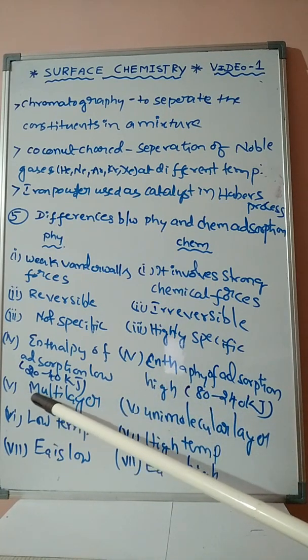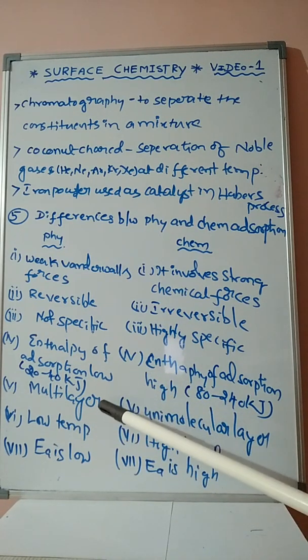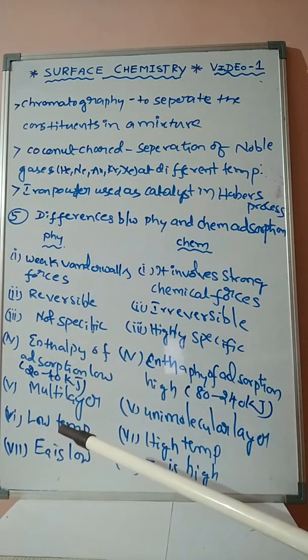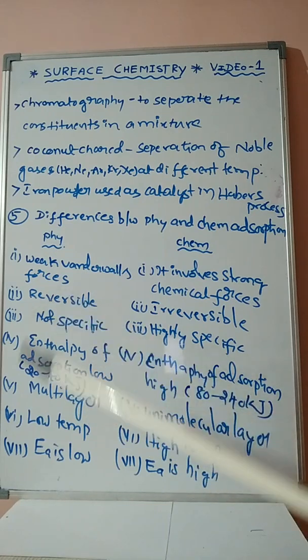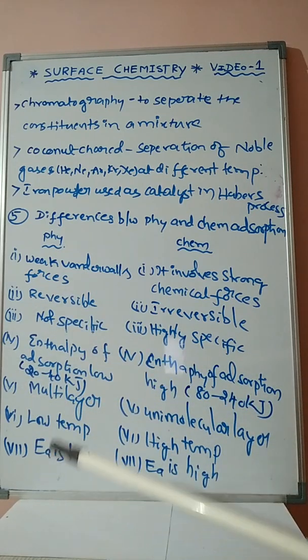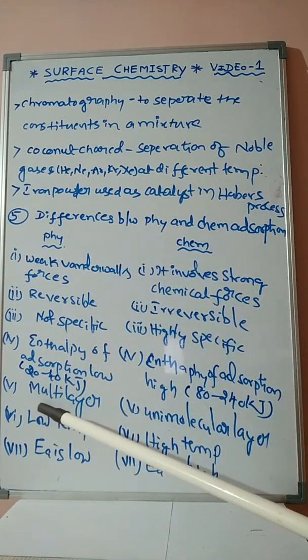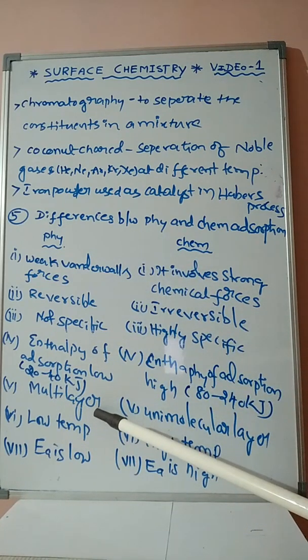Physical adsorption is multilayer adsorption. Multilayer means a first layer of adsorbate, then a second layer, a third layer, layer by layer.